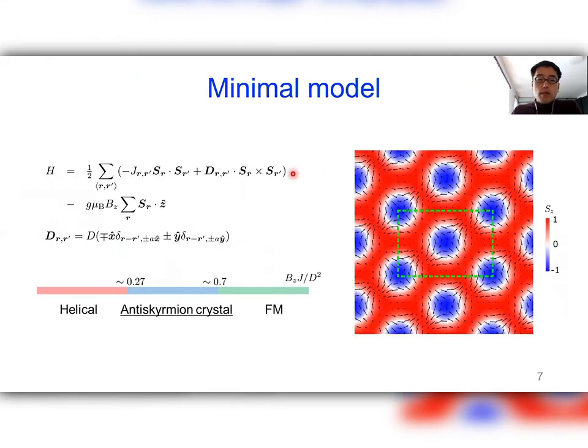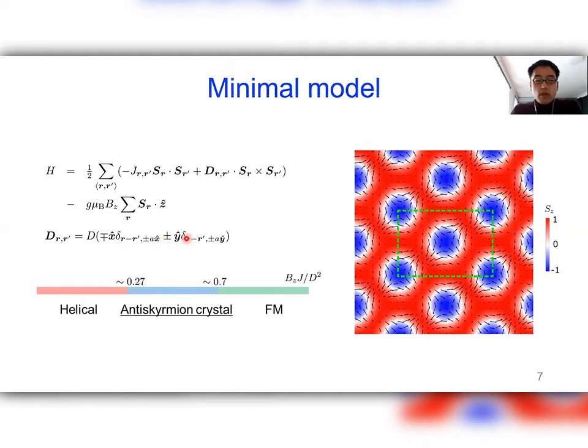So motivated by the discovery of antiskyrmions in Heusler materials, now we consider a simple two-dimensional spin model, which contains a ferromagnetic exchange coupling, an anisotropic Dzyaloshinskii-Moriya interaction, and a Zeeman term. Here, the anisotropic Dzyaloshinskii-Moriya interaction consists of the inverted sign of the Dzyaloshinskii-Moriya interaction along the x and y axes. And this is allowed by the crystalline symmetries of the D2d systems.